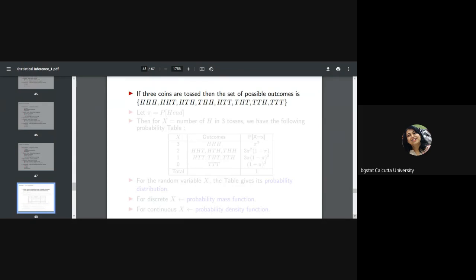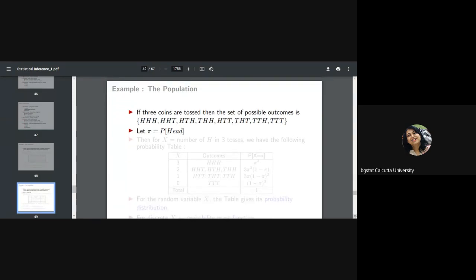The first outcome is that all three are heads. So H, H, H. The next is that the first two are heads, the third is a tail. So H, H, T. Similarly, the first and third are heads and the second is a tail. So H, T, H. And so on, I can distinguish between 8 possible categories. So this is my experiment and this is my population.